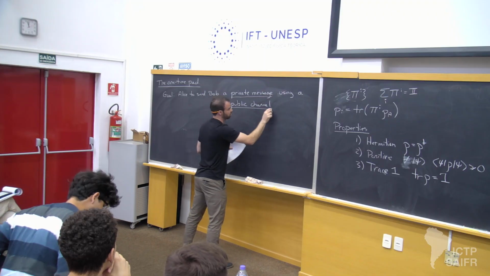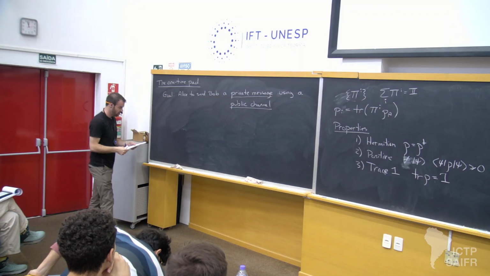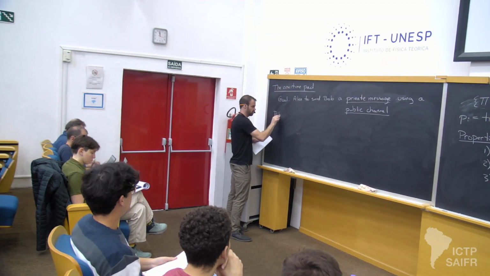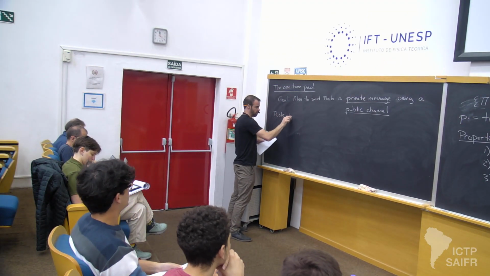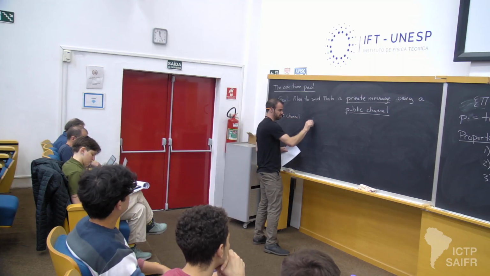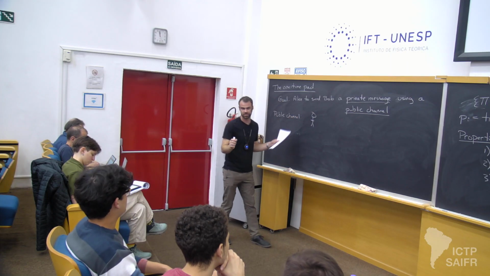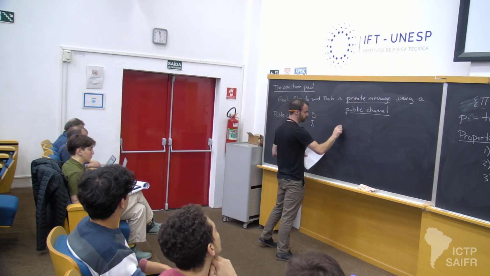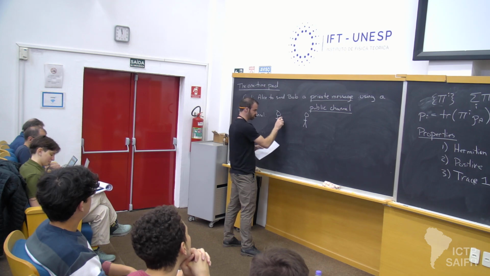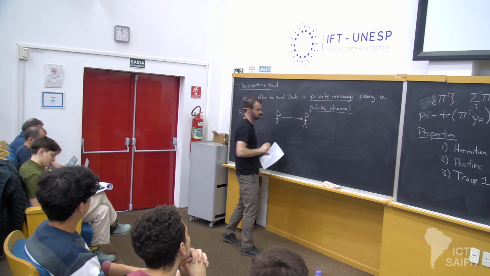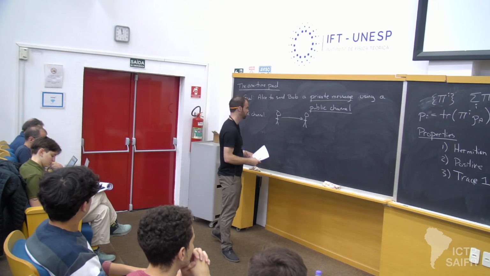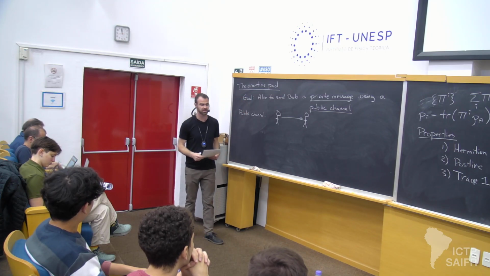Okay, so what do those words mean? Private message, public channel. Let's start with the public channel. So we have Alice. She's in her lab somewhere. And we have Bob. He's in his lab somewhere else. And Alice is able to send information to Bob. So maybe she can send out a radio broadcast or something like this.